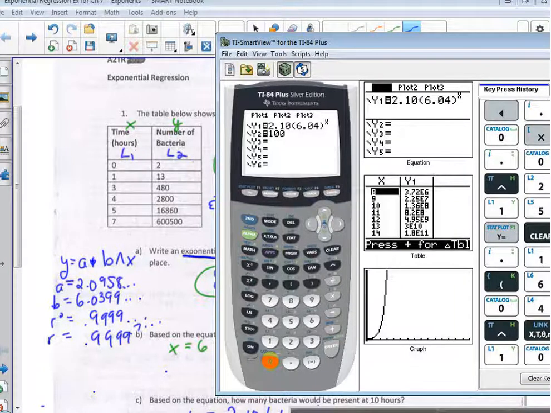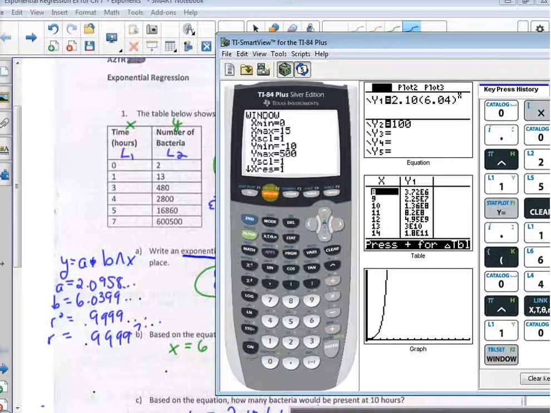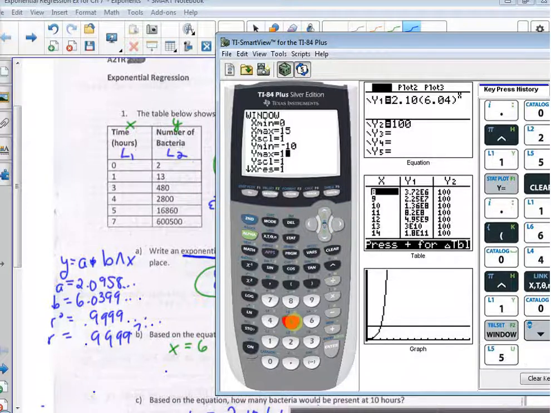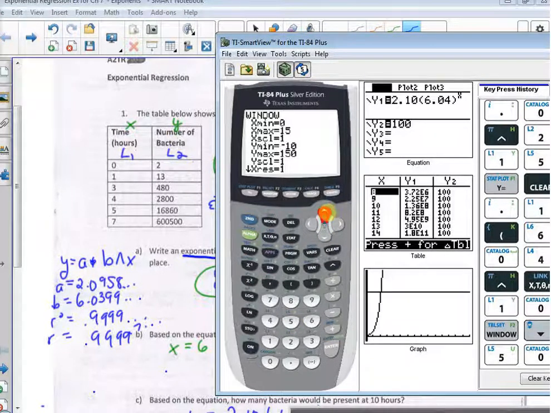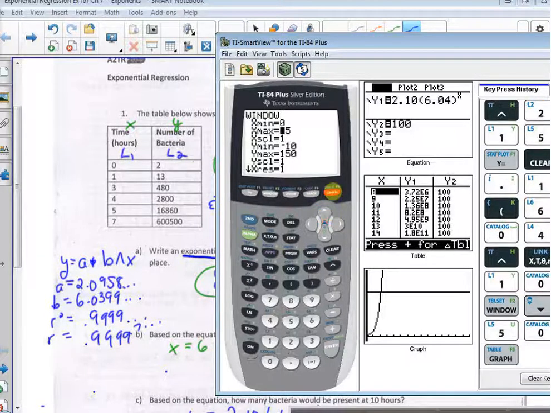Now, if you just graph this, you're never going to see y2 equals 100. So you could take your window value. Oh, my y max is already at 500 from the previous lesson. So let's lower this down to, say, 150. Okay. And we might need to change that x max, but let's just try it.